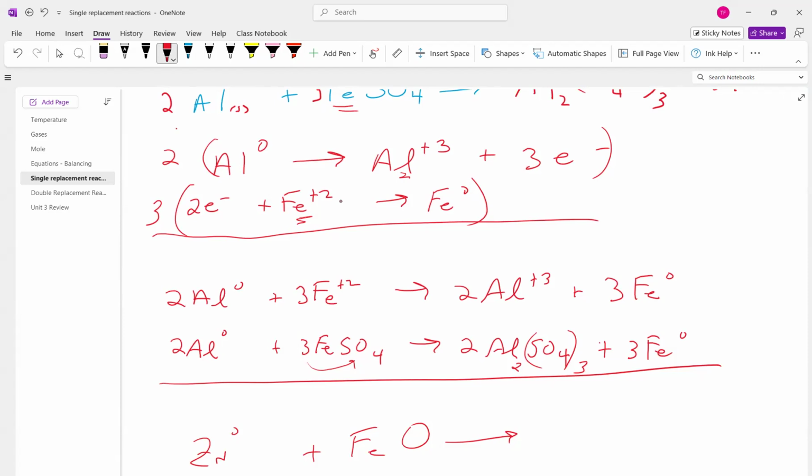Now, today in lab, you're going to be given a whole bunch of combos, and you're going to see if the reaction happens. Then you're going to look at the reactivity chart and you can predict whether it will happen or not. Sometimes the reaction happens, but slowly. So instead of no reaction, you write no visible reaction, NVR rather than NR.